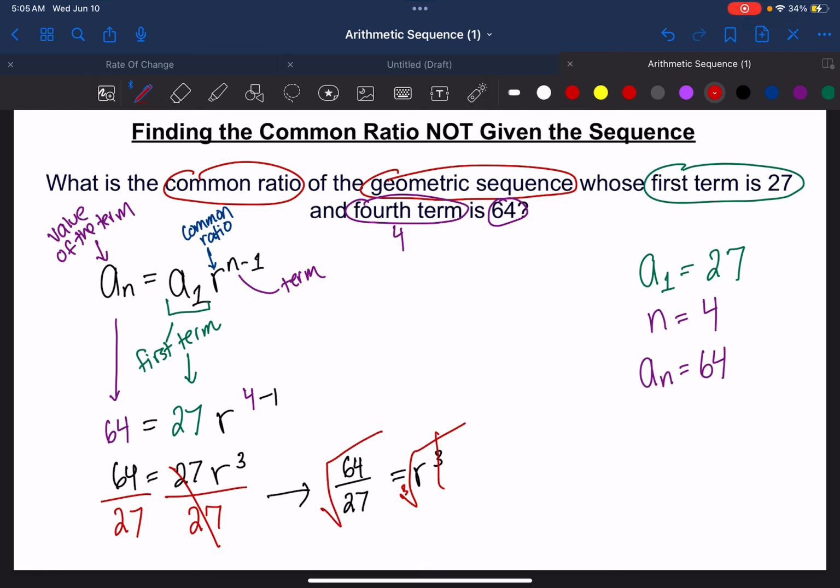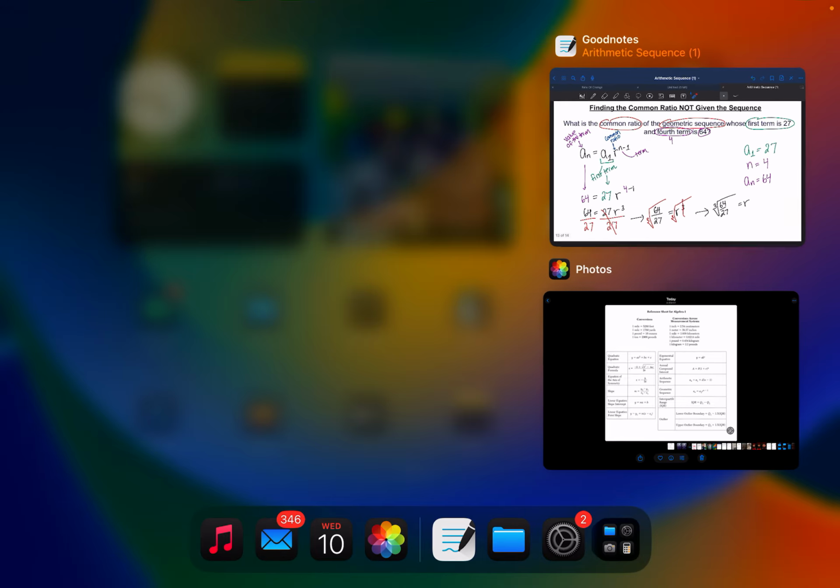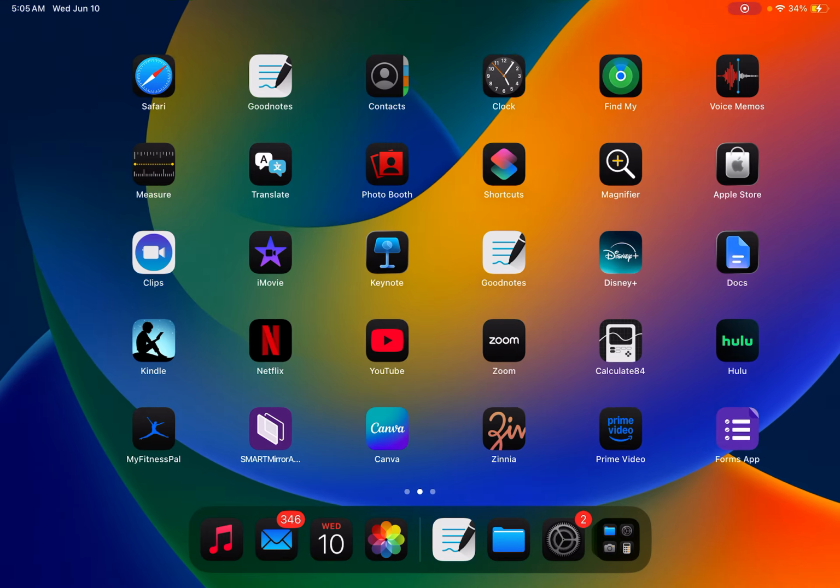And if you do that on one side, you have to do it on the other. So what this means is the cubic root of 64 over 27 is r. I want to put this in my calculator, so I'm going to switch screens to the calculator app here.